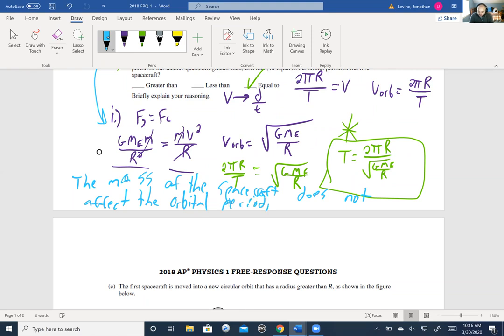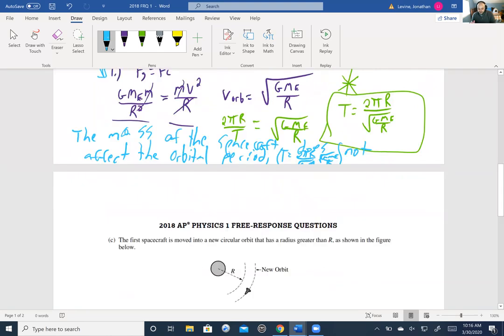And then what you could put in parentheses here is t is equal to 2 pi r over the square root of g m e over r. Basically just referencing the formula. I know that was very horribly written, in my third grade handwriting. It's just towards the bottom of the page. If I put my palm on my tablet, it doesn't read my pen strokes. That's why I had to write like a third grader.